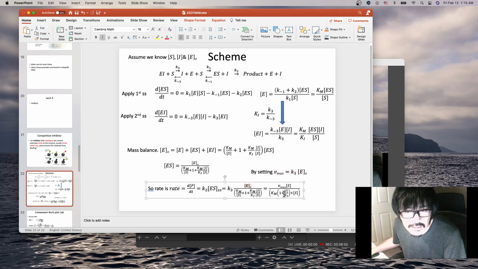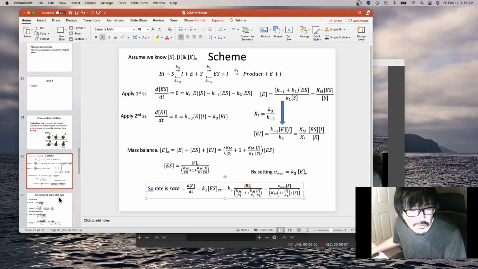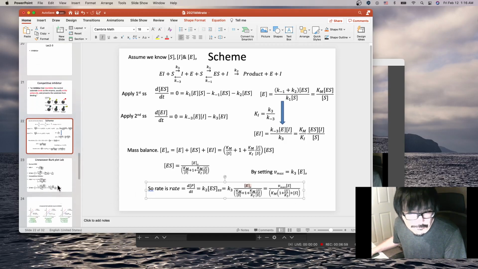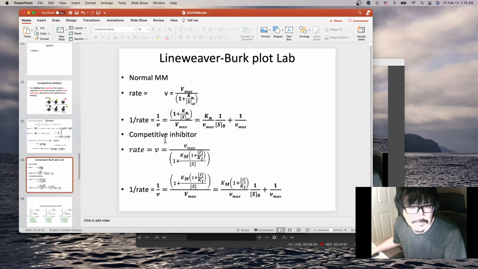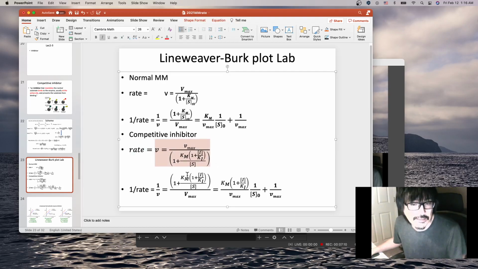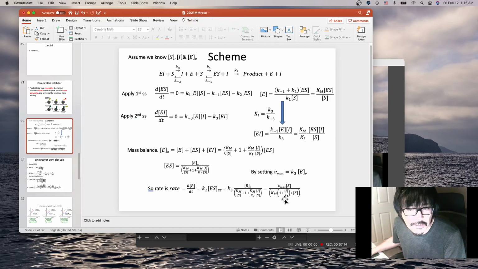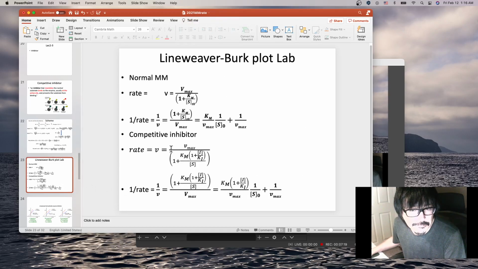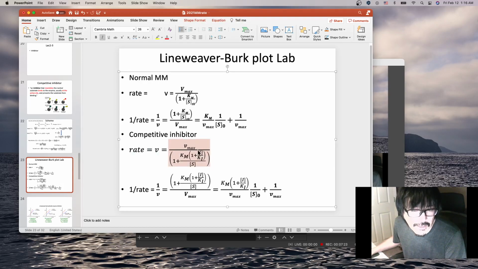Now I can simplify a little bit more about this portion right here. That expression can be given by that form right here. The only thing I did is a slight algebra manipulation from here to here. Basically, I just divide top and bottom by S. That's pretty much all I did.